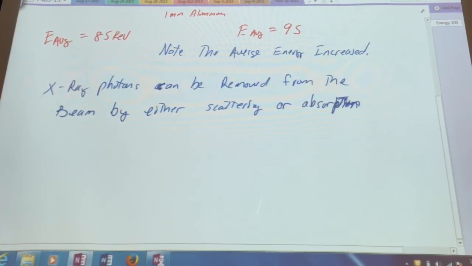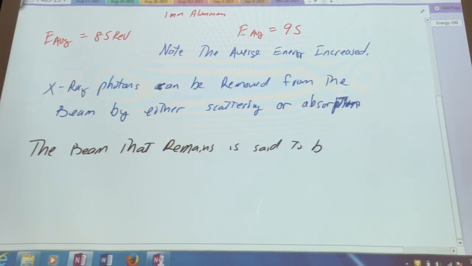X-rays can be removed from the beam either by scattering, in which case they go off in a different direction, or by absorption. So there's two ways you can reduce the number of photons in your beam. The beam that remains is said to be attenuated.